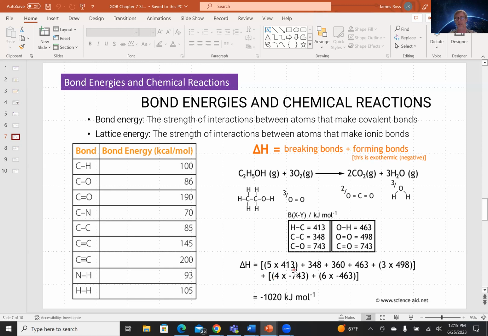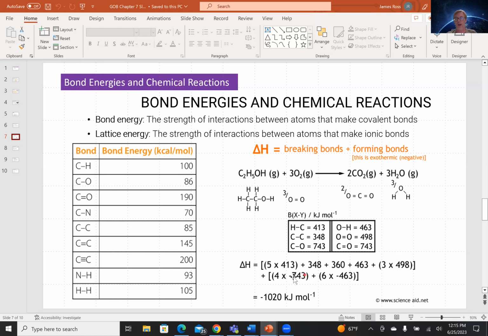The minus sign here is just because anytime we form a bond, imagine your hands come together and they release energy. Whenever elements come together, they release energy. So bonds that form always have a negative value for their energies. Bonds that break require energy to break them, so they have a positive value.